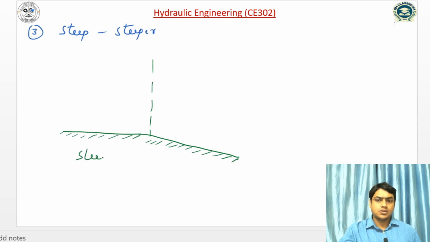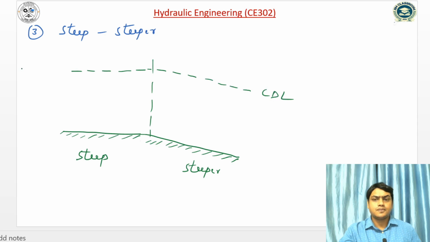This slope is steep and this is steeper. The critical depth line will be fixed. So this is the critical depth line, this is CDL, and the normal depth line will be below the critical depth line in steep slope. So let us assume this is the normal depth line.